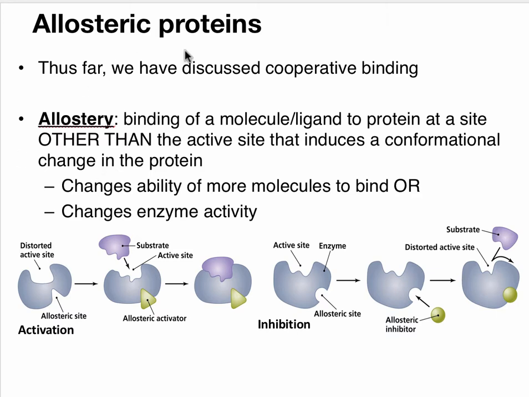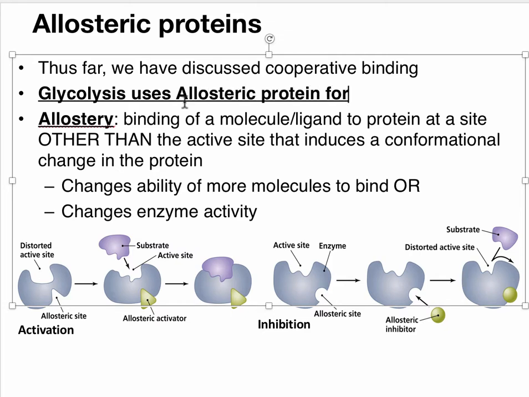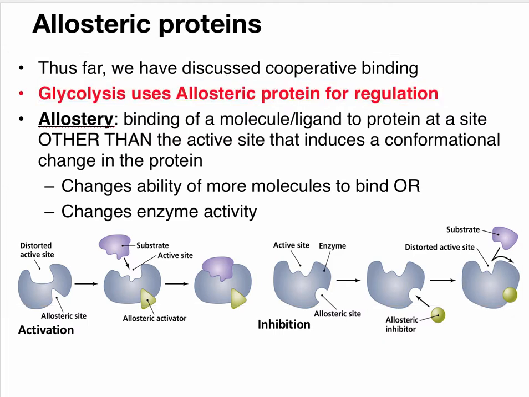We'll see this again in glycolysis, which uses allosteric proteins for regulation. We'll see this a lot in metabolism, and specifically the metabolism cycle that we're going to talk about is glycolysis. So I'd like to introduce it now, and then we'll talk about it again in chapters 14 and 15 when we talk about metabolism.